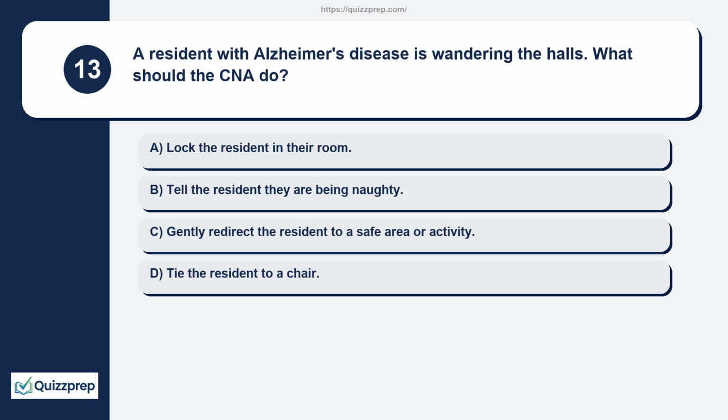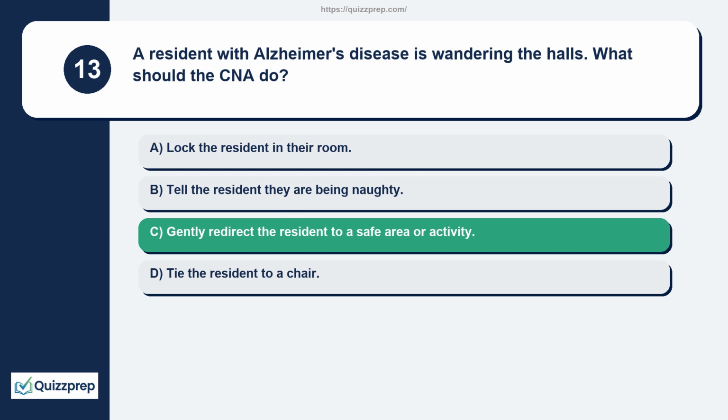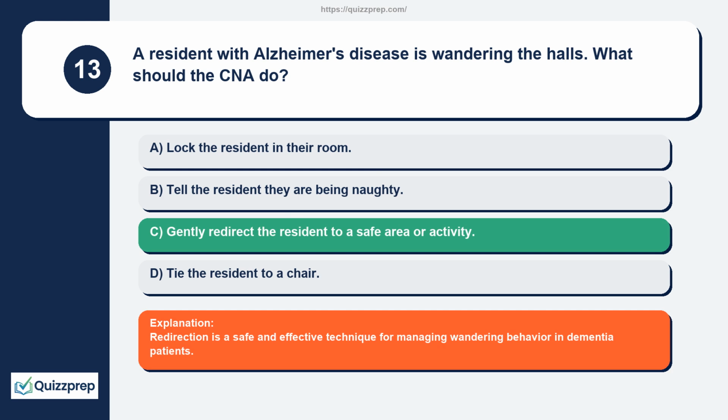A resident with Alzheimer's disease is wandering the halls. What should the CNA do? Lock the resident in their room. Tell the resident they are being naughty. Gently redirect the resident to a safe area or activity. Tie the resident to a chair. Redirection is a safe and effective technique for managing wandering behavior in dementia patients.